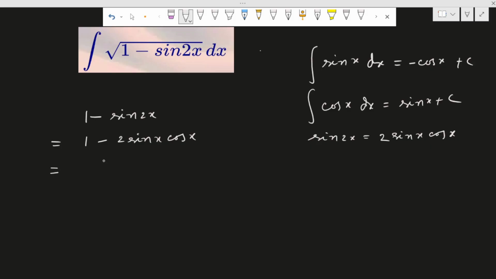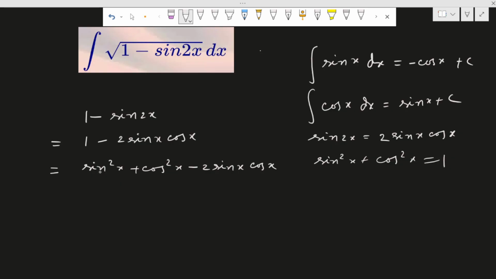Now see, there is another formula: sin square x plus cos square x is equal to 1. So 1 can be replaced by this formula: sin square x plus cos square x minus 2 sin x cos x.